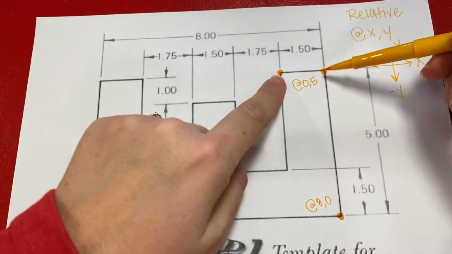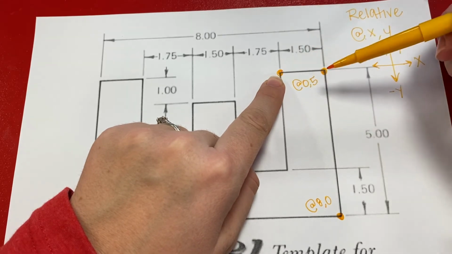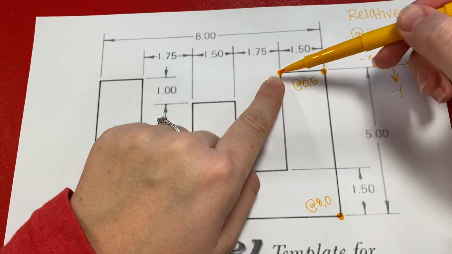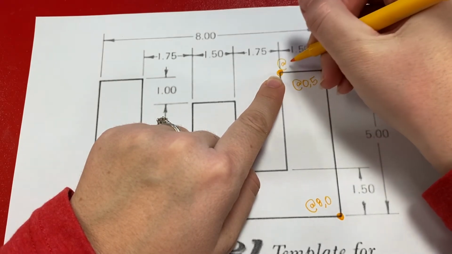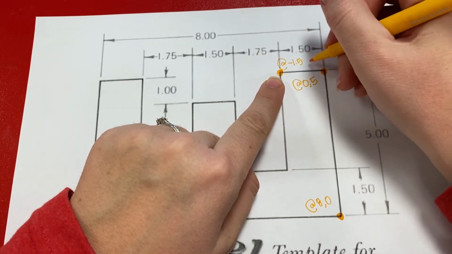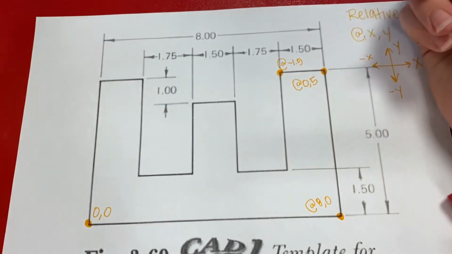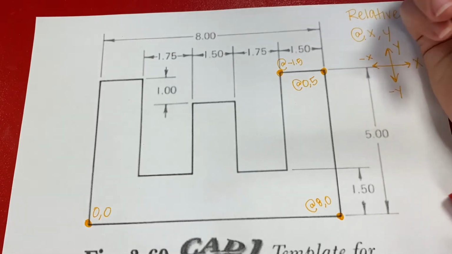So for instance, we're here and we want to get to this point. We need to travel to the left, in our x, 1.5. So that's going to be a negative 1.5. Because if this was your origin, you would have to move to the left of the 0, which everything in that second quadrant for x is a negative.